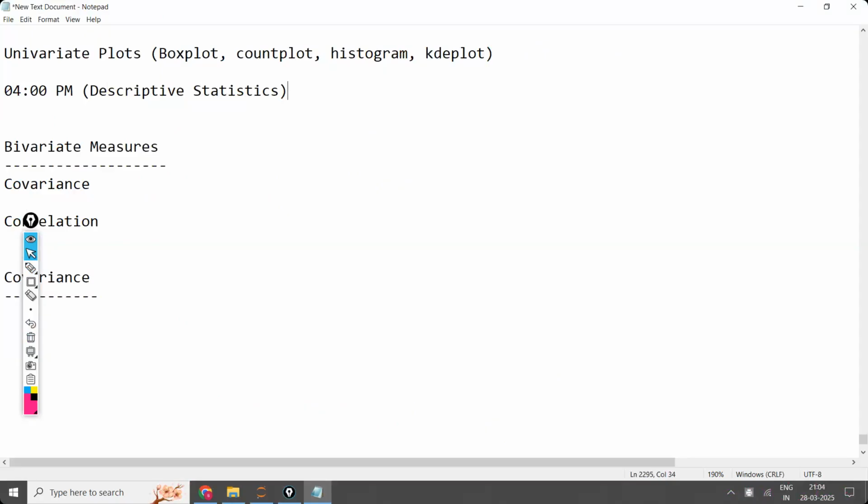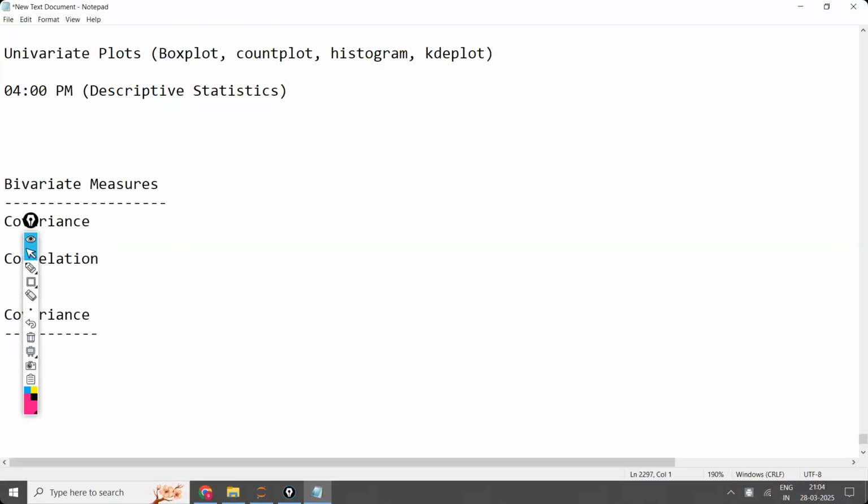No need to prepare everything. Exclusively descriptive statistics. You are having the exam at 4 o'clock. At 7:30 you will have the regular class.